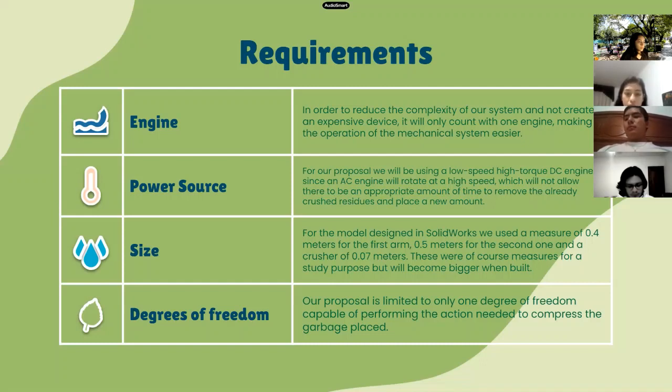For the second, we use 0.5 meters, and 0.07 meters for the crusher. These were of course measured for study purposes. And the last one, degrees of freedom, which in our proposal is limited to only 1 degree of freedom to be capable of performing the action needed to compact the garbage placed.